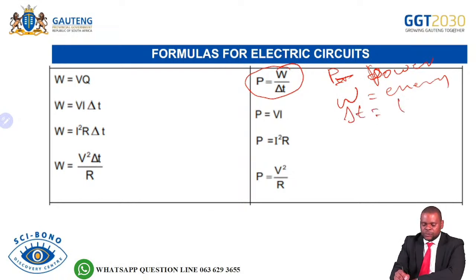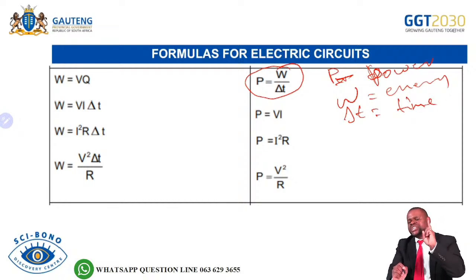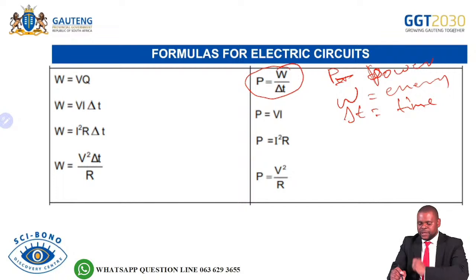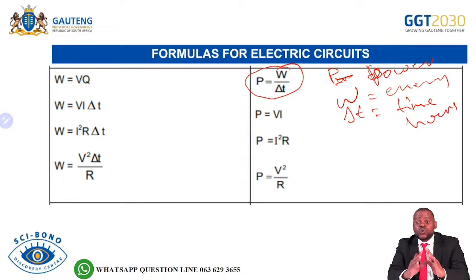Is time. And in this instance, time is not measured in seconds, grade 12. Time is measured in hours. Are we together? When we come to electrical power, with time we measure it in what? In hours, not in seconds, as we've been doing in previous lessons.